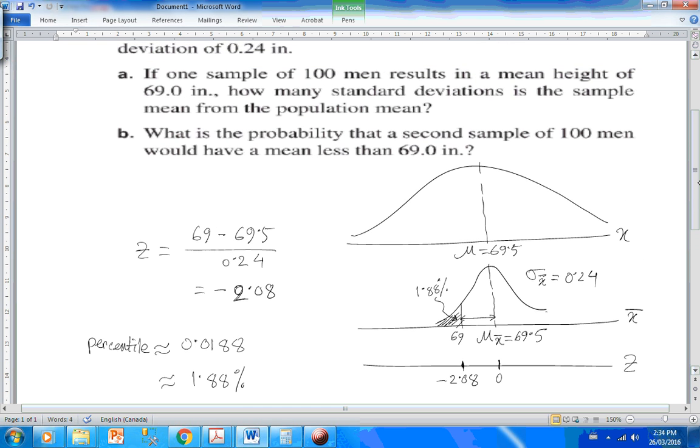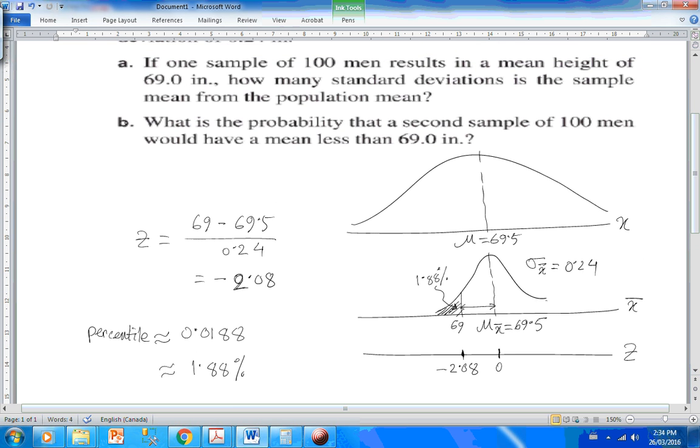And that actually also answers question B, which asks us, what is the probability that a second sample of 100 men would have a mean less than 69? In other words, under this distribution, if you closed your eyes and randomly picked one of these thousands of x bars, what are the chances that that x bar would be less than 69?